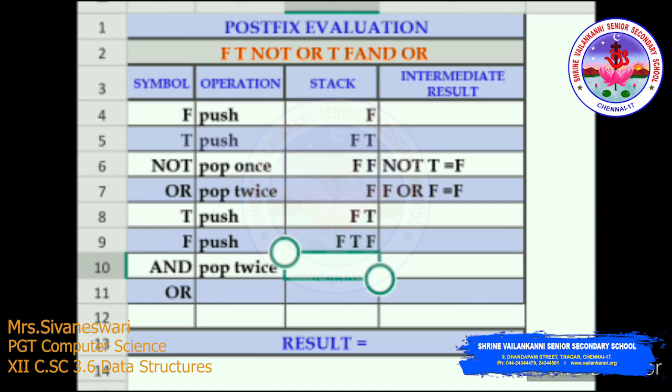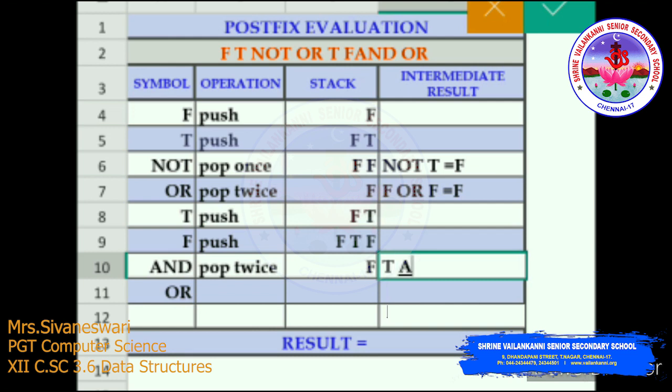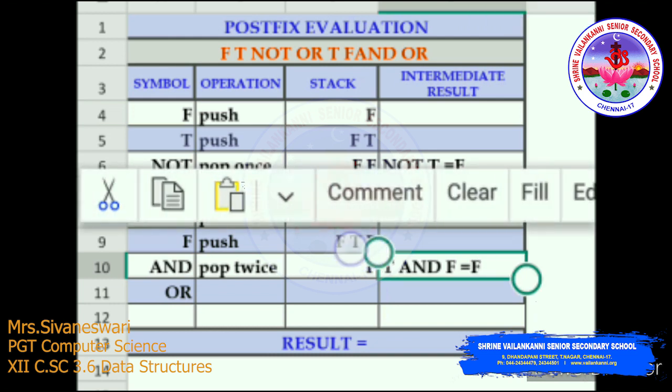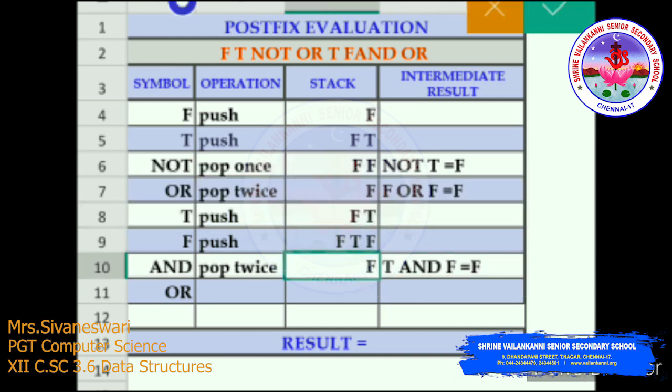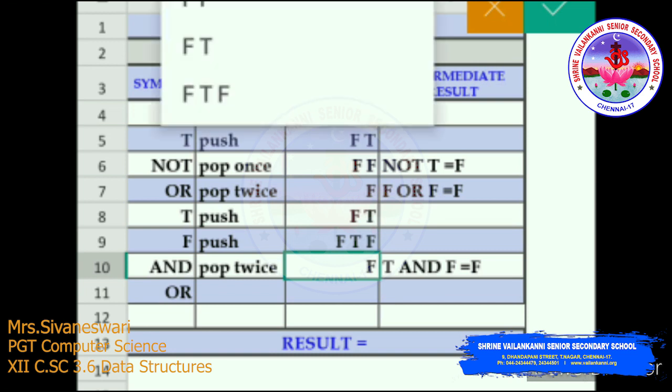The first F is retained and under the intermediate result T and F are popped out. If there is at least one F, then the AND operation will return only F. So the stack retains F.